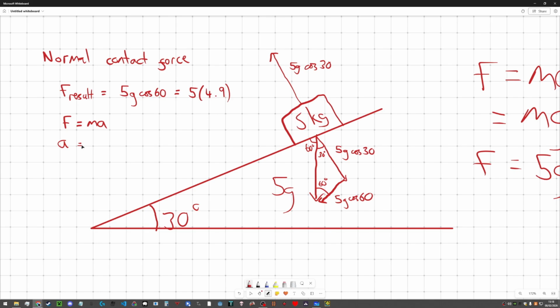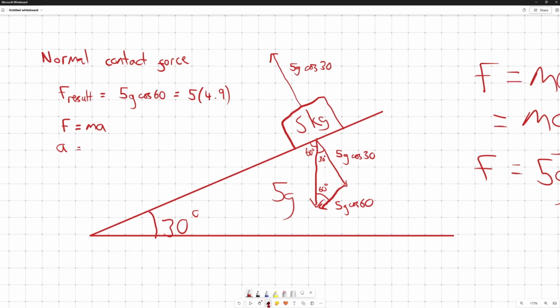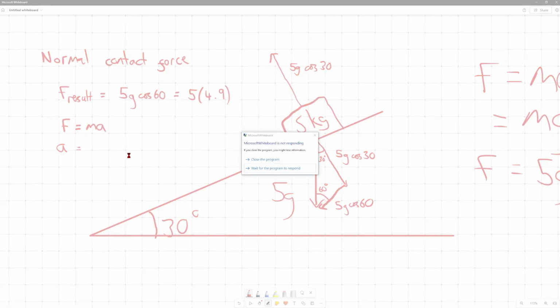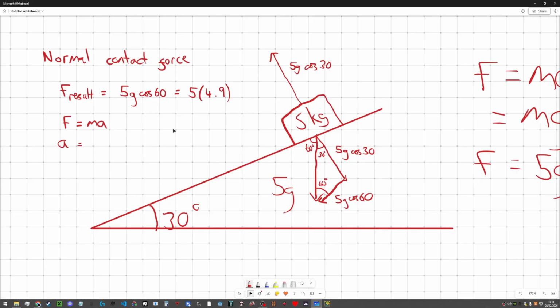Alright, we then know that the acceleration must be the force divided by the mass, which is 5 times 4.9 divided by 5, which is equal to 4.9 meters per second squared.